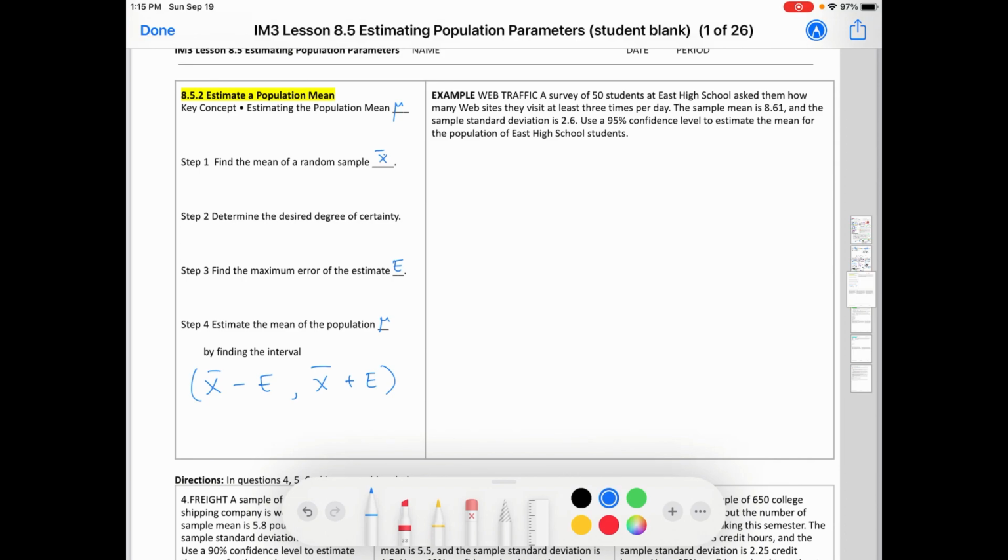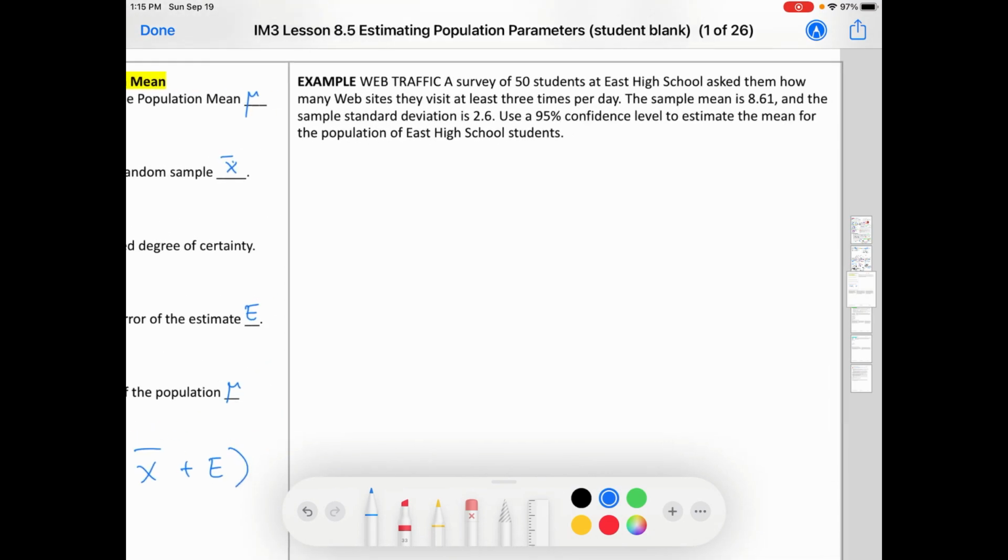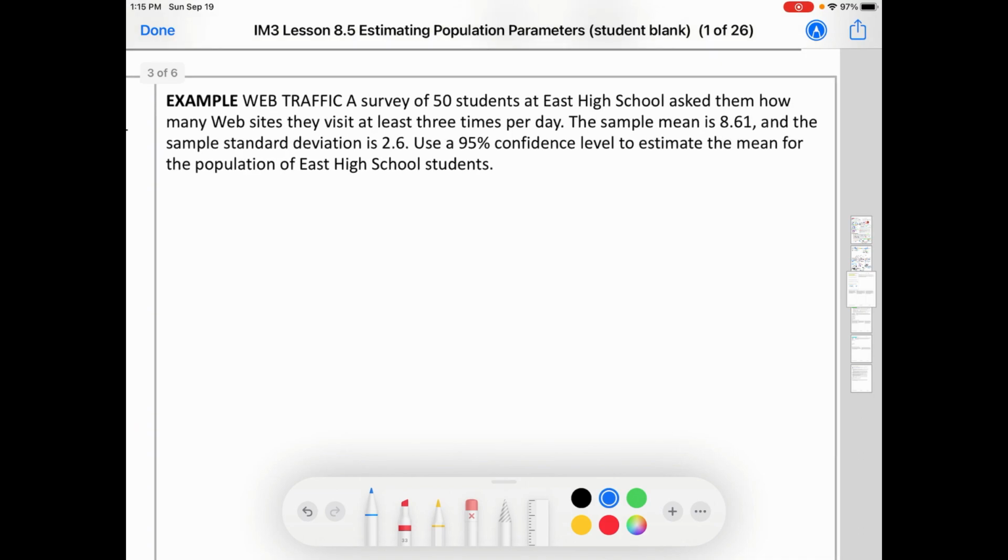Web traffic. A survey of 50 students at East High School asked how many websites they visit at least 3 times per day. The sample mean is 8.61 and the sample standard deviation is 2.6. Use a 95% confidence interval to estimate the mean for the population of East High School students. Okay, let's just get some information that we need.